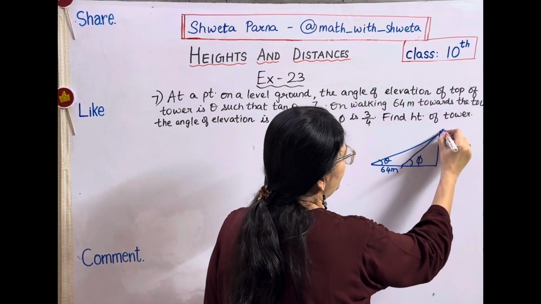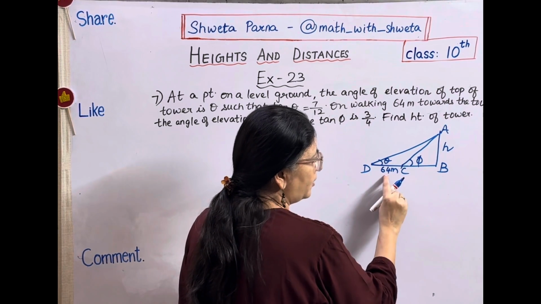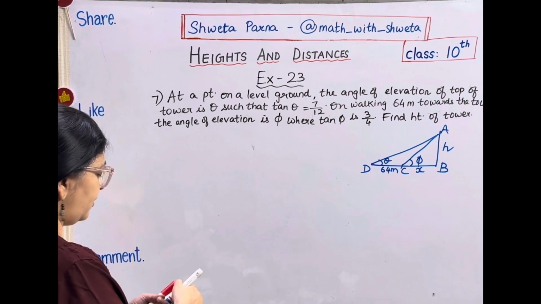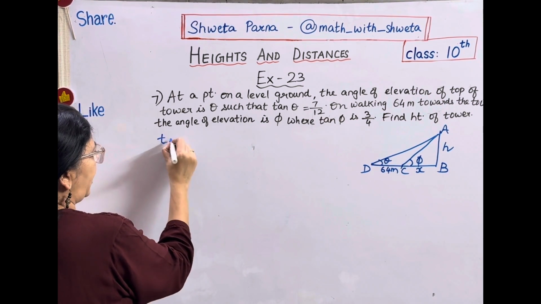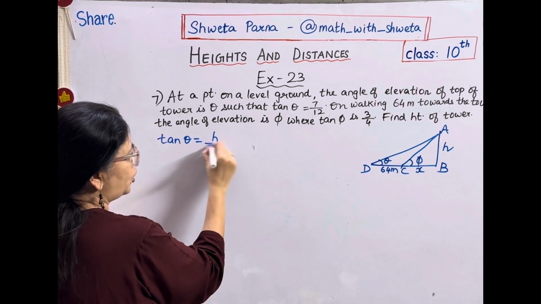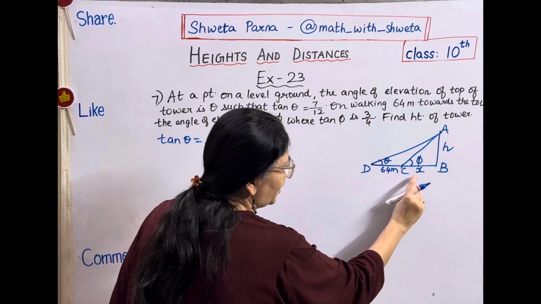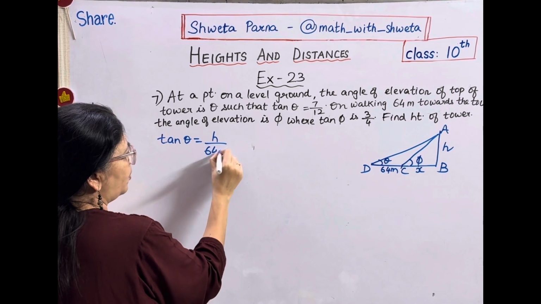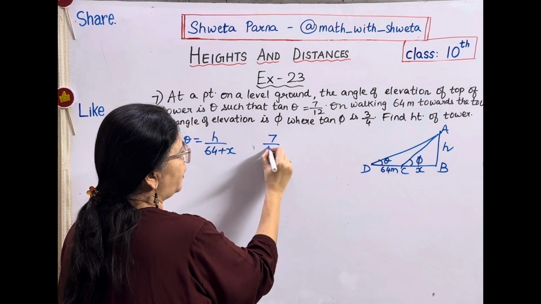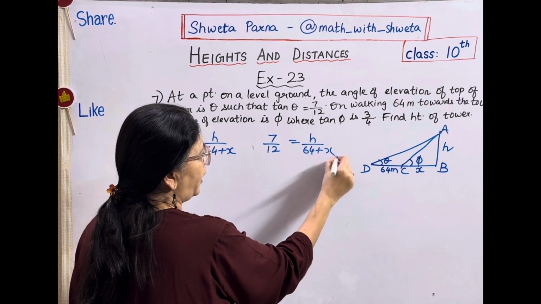So let this be A, B, C, D. This is 64. Let this distance be x. Now let's solve the sum. So tan theta is equal to opposite, which is h, this bigger h, upon base. What is the base? 64 plus x. What is the value of tan theta given? 7 upon 12 is equal to h upon 64 plus x.